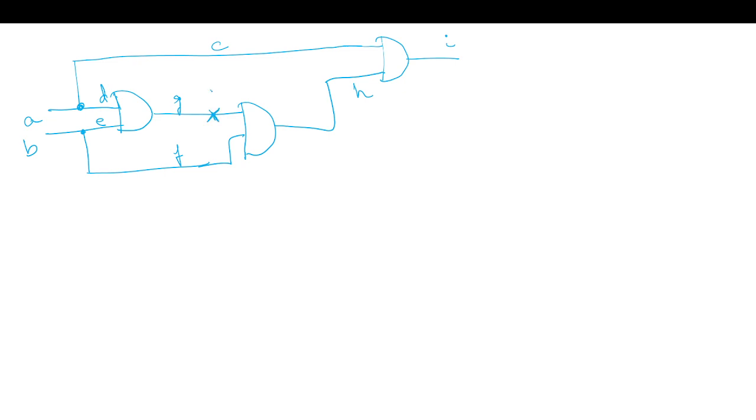If this node is stuck at 1, the target fault is G stuck at 1. Because this node is stuck at 1, fault free will be 0, faulty will be 1.